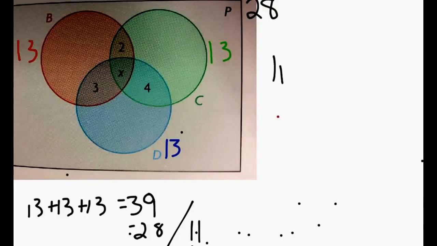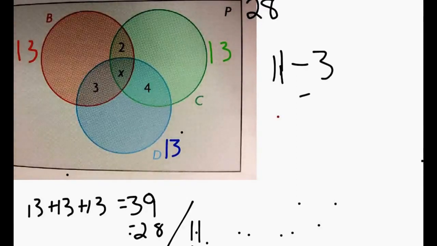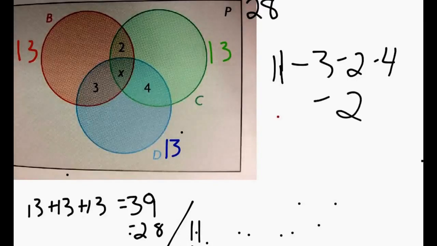So if we take 11 and subtract the overlaps that we do know, so 3, 2, and 4, I'll write it sideways, might make more sense. So we have our total overlap of 11. We want to subtract all of the ones we know, so 3, 2, and 4. 11 minus 3 is 8, minus 2 would be 6, minus 4 would equal 2.